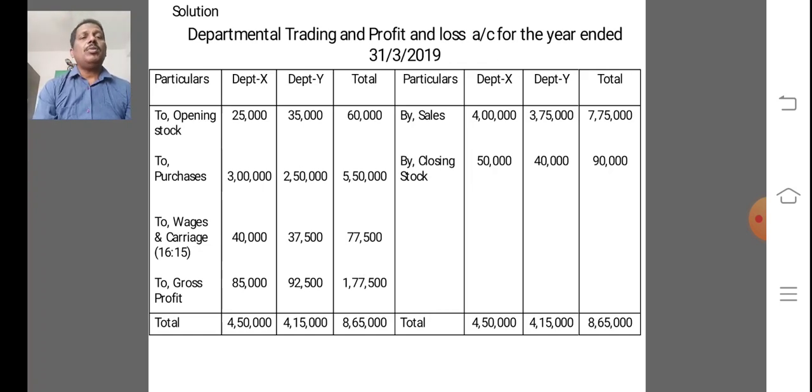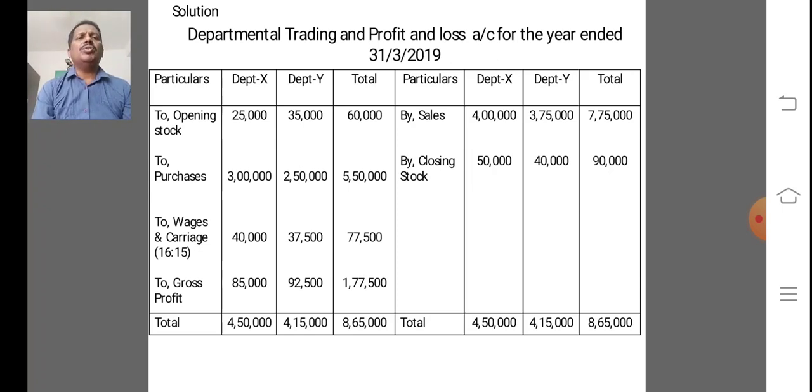And debit the wages and carriage, it is to be distributed in the ratio of 16:15, that is 40,000 for X department and 37,500 for Y department, total 77,500. And credit the sales department-wise, X department 4 lakh and Y department 3,75,000, total 7,75,000.